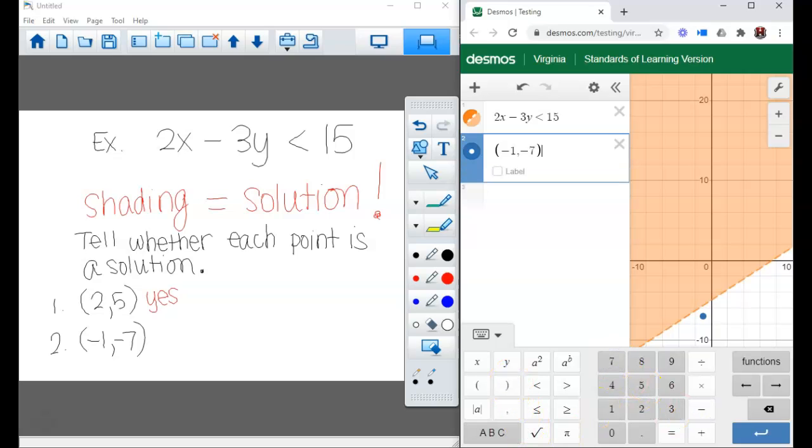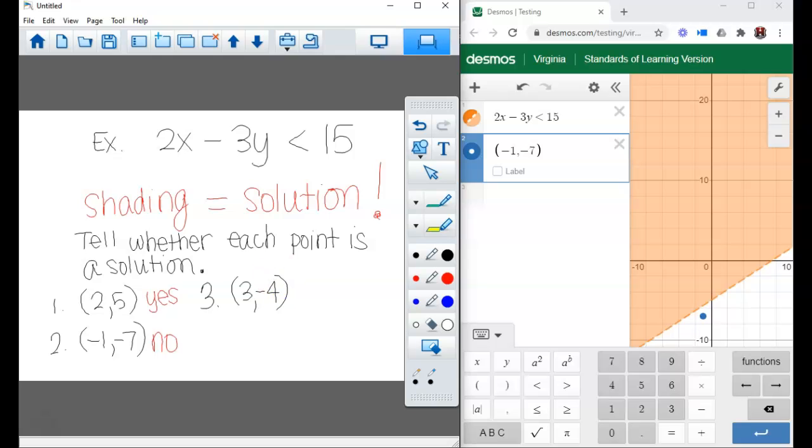Close your parentheses. Notice it said this time the dot would be this blue color. Here's that blue dot. Notice it is outside of that shaded area, outside of that orange shading. So on this one, I'm going to say no. It's not a solution to the problem. It's got to land in that orange shaded area in order to be a solution.